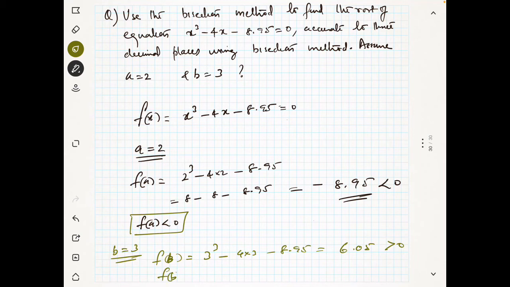That means f of b is greater than 0. So one is negative and the other is positive, so the solution is between a and b. Okay, we can proceed now.